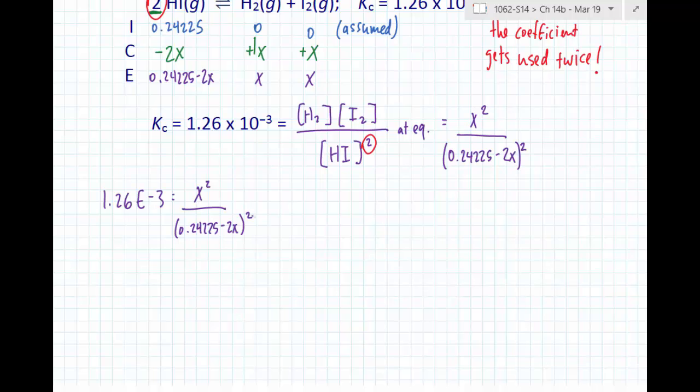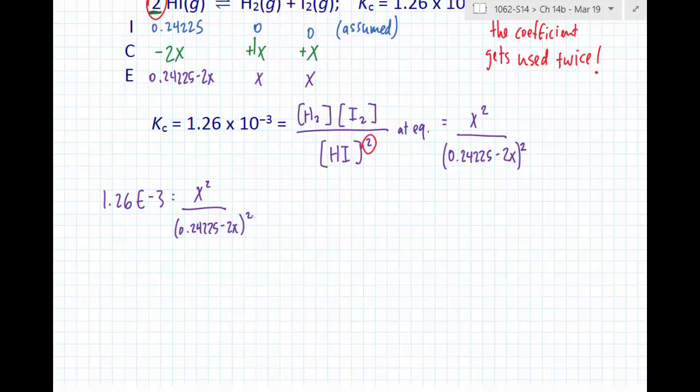Any suggestions for solving for x here? Multiply both sides by the denominator. What would be better about taking the square root of both sides?